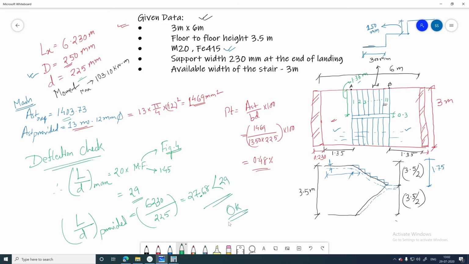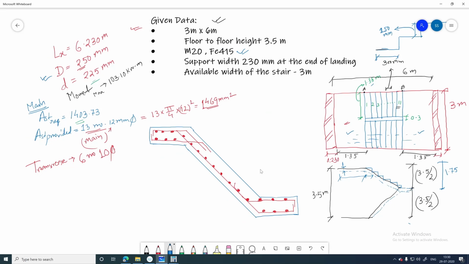So in this way you can design a staircase, that is a dogleg staircase. I have given the complete detailed analysis of each and every step. You can see this is the reinforcement detailing of the staircase that we have designed.